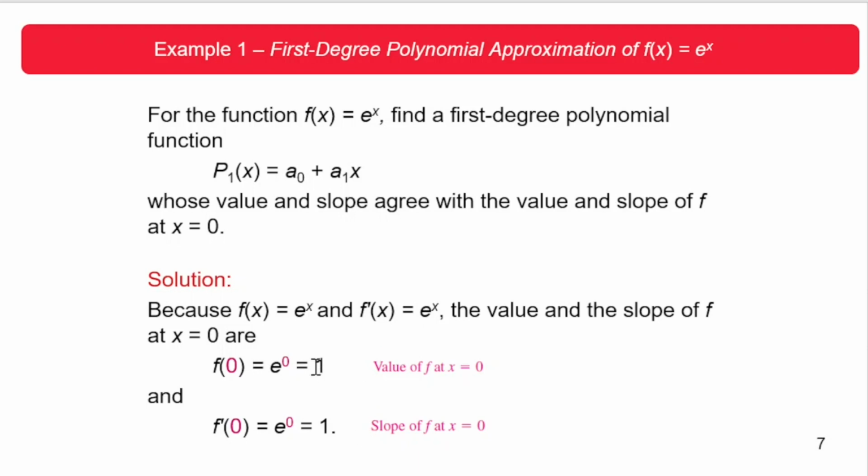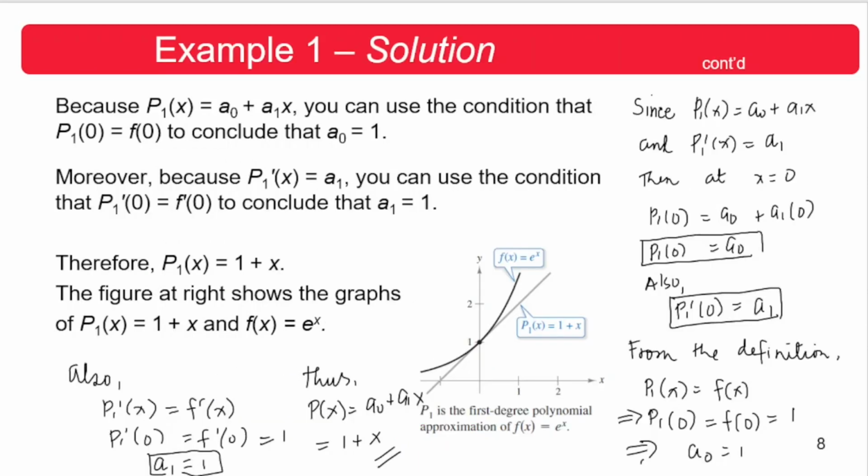This 1 here is the value of f at x equals 0, and this 1 is the slope of the function at x equals 0. Because the function p sub 1 of x is a sub 0 plus a sub 1 x, when you get the first derivative, p sub 1 prime of x is equal to a sub 1.